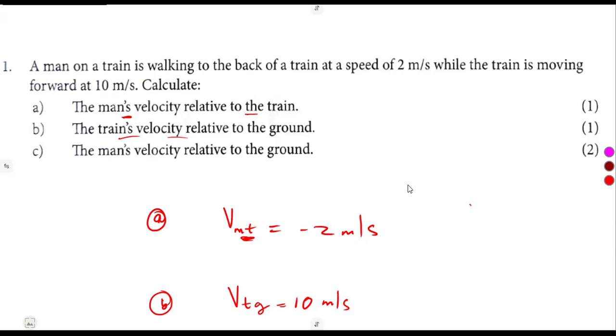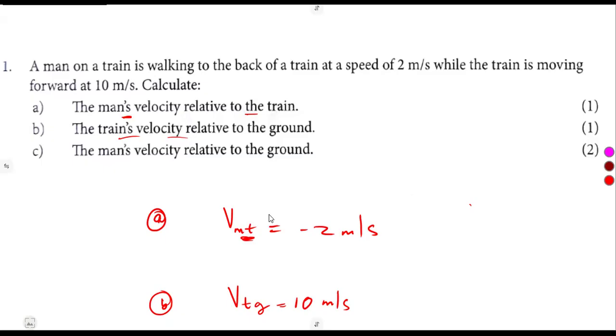When you are inside the train, whether you are moving to the back or to the front, the sign is going to be considered. If you oppose, it will be negative to what you are opposing. If you are moving in the same direction, it maintains that direction.